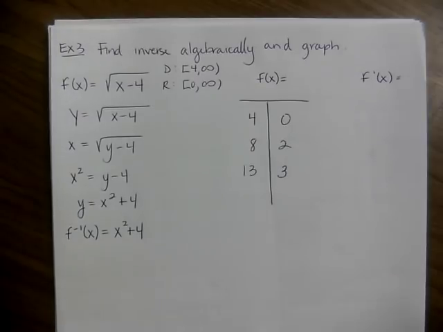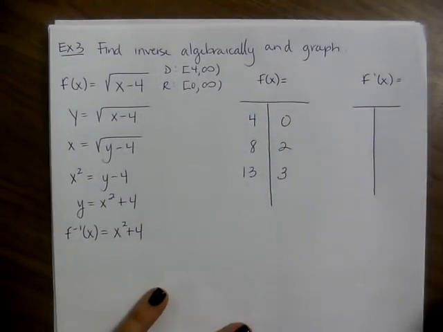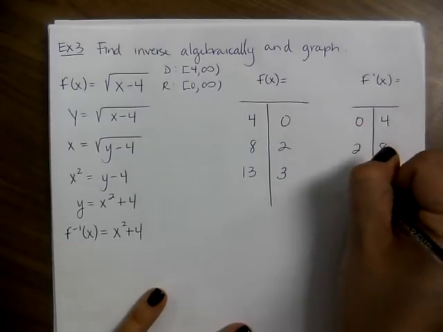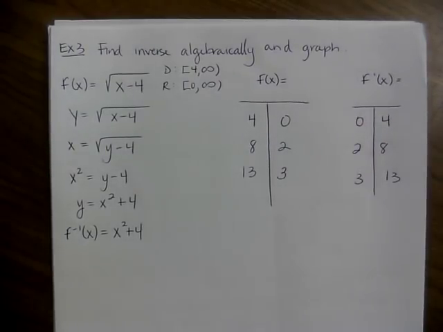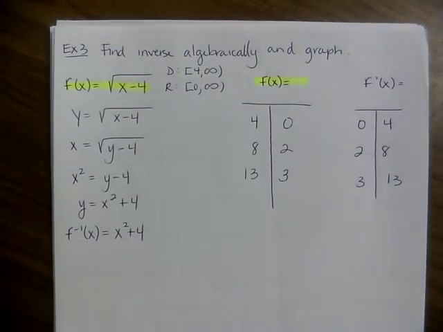So now we already looked at the fact that if they're inverses of each other, their table just interchanges. So I don't have to spend any time thinking about this table. I'm just going to write down the flip of the one I just made. Okay, I'm going to do this again just so that we can see it on the graph a little bit easier.